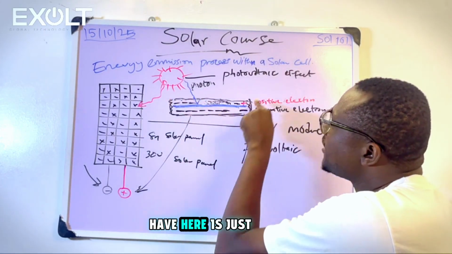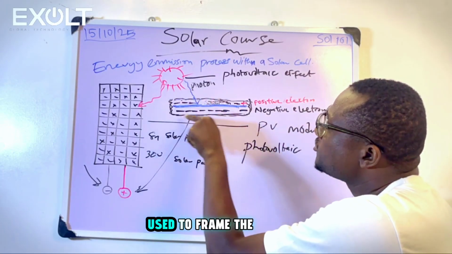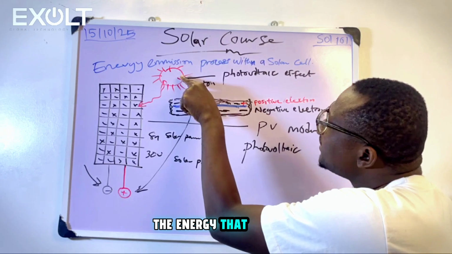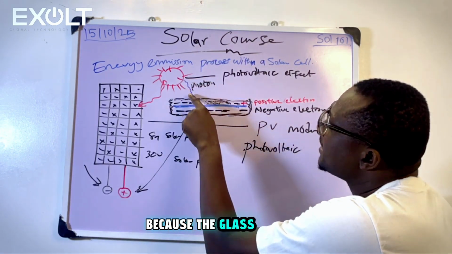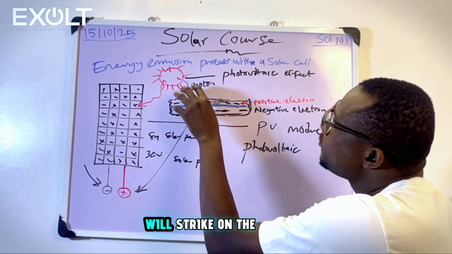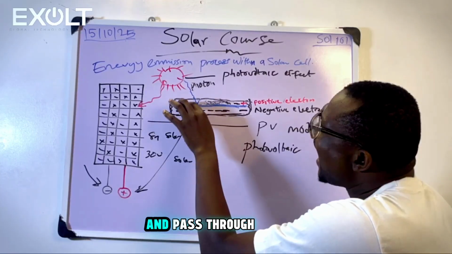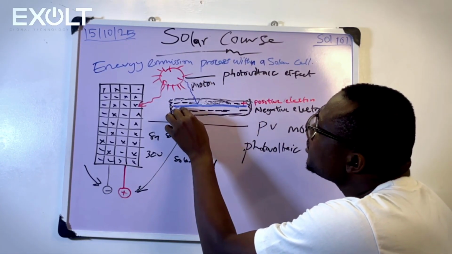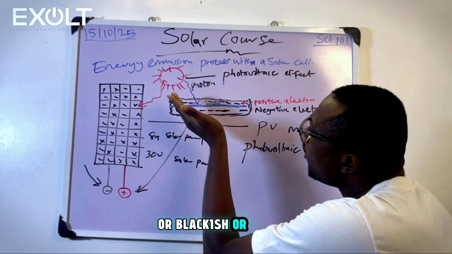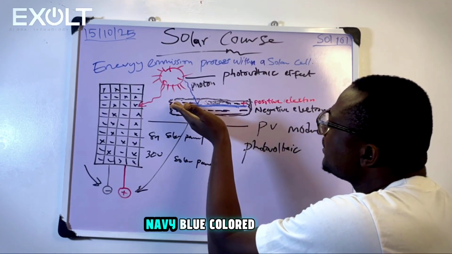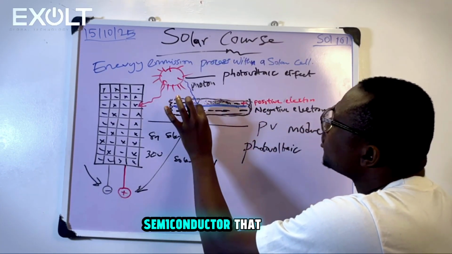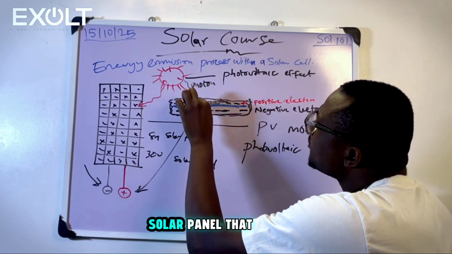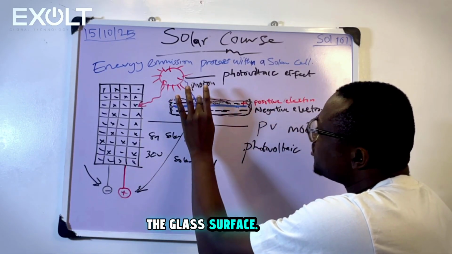What we have here is just the aluminum frame, or whatever is used to frame the panel. But the energy that comes from the sun, because the glass is transparent, will strike the glass surface, pass through the glass and come into this bluish or blackish or navy blue colored semiconductor that is right beneath the glass surface.